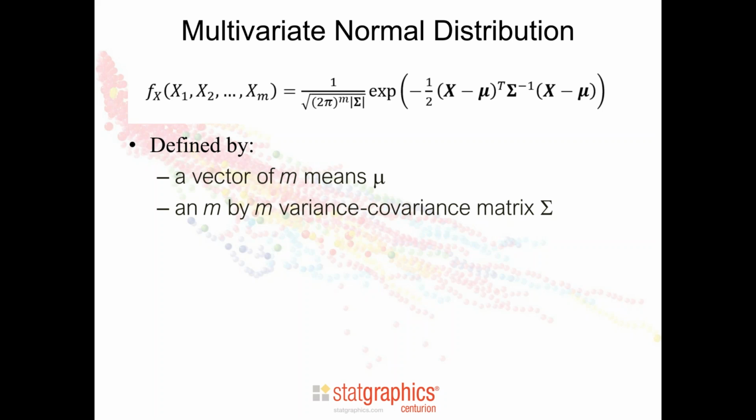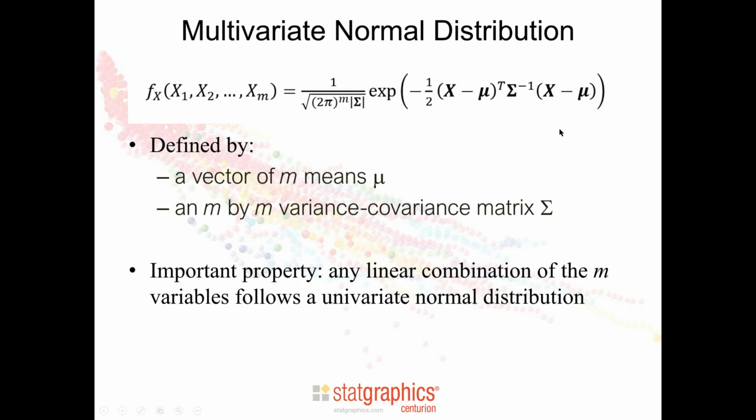I've written here the density function for a multivariate normal distribution. It involves a vector variable, x, that's a vector random variable, a vector of means, mu, and if there are m variables, there are m means, and then an m by m variance covariance matrix, which is normally called sigma.